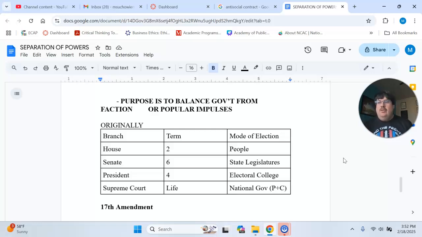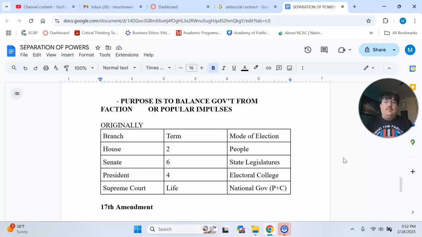Mallory wants to take over the United States. Okay? She is popular. A lot of people believe in what she says. She is very motivating. People want to follow her and make sure that she can accomplish all that she wants to do. Well, our system of government is created to delay a popular impulse from happening.